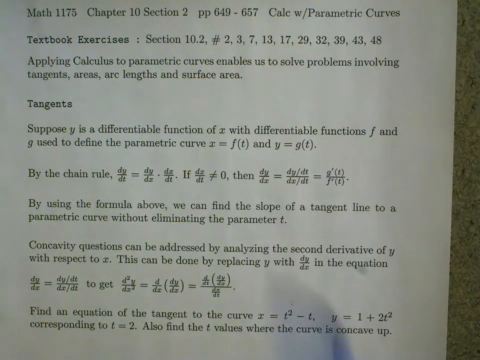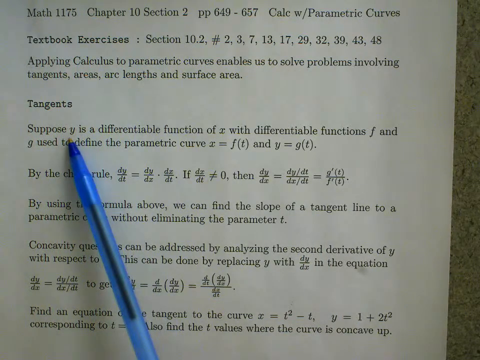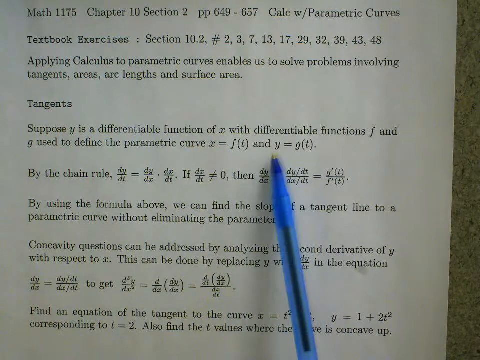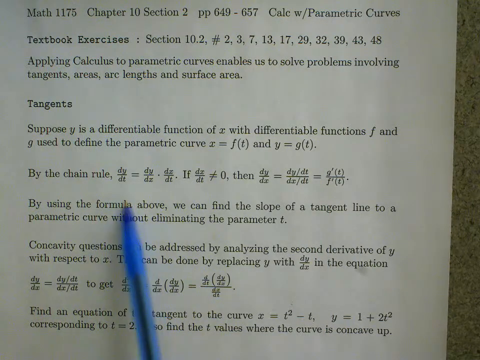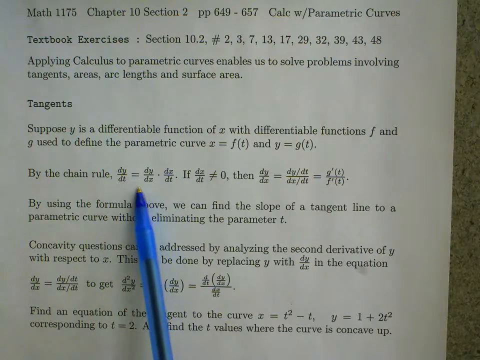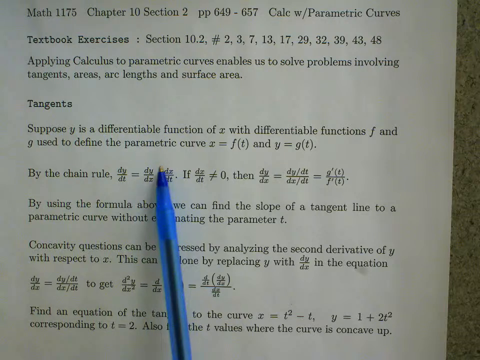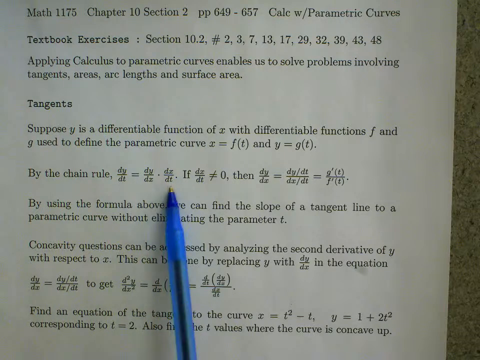So note, not only is y a function of x, but y is a function of t. So when we apply the chain rule, the derivative of y with respect to t is equal to the derivative of y with respect to x times the derivative of x with respect to t.